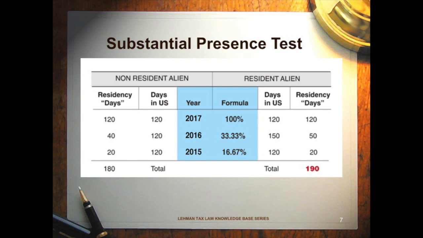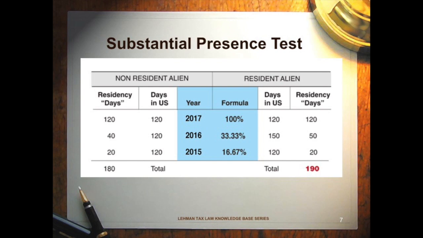Now, in the year 2016, the taxpayer spent 120 days. However, in determining how long this taxpayer stayed here, for purposes of the year 2017, the year we're trying to determine whether they are a taxpayer, you only count the amount of days here in the U.S. as 1/3 of a day.